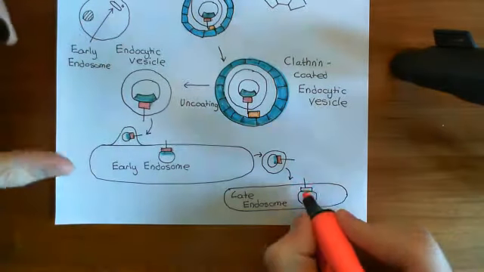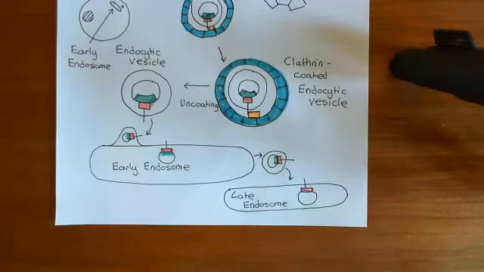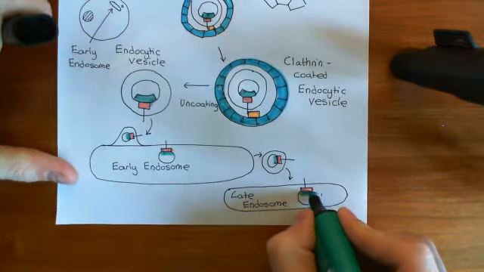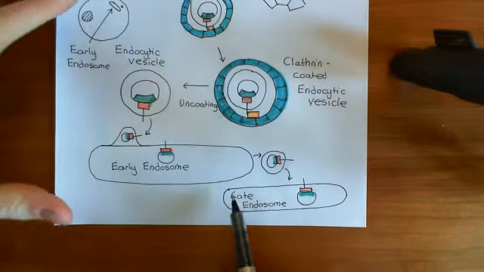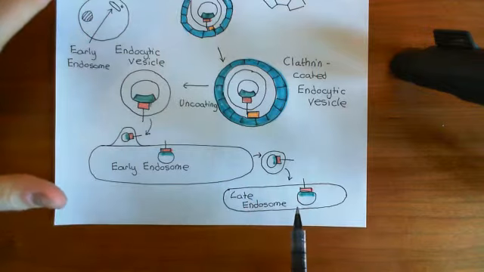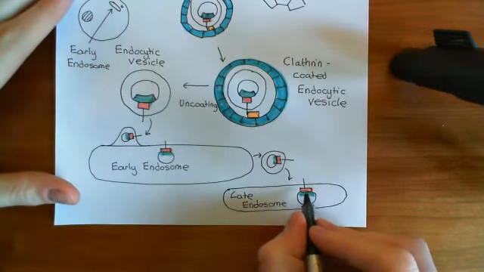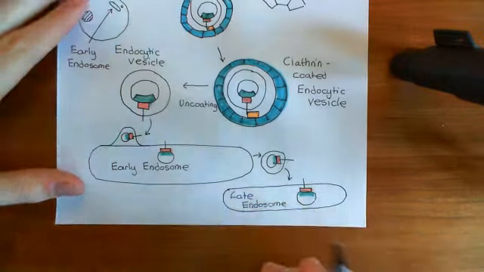In the late endosome, you have a very, very acidic environment, a low pH, a high proton concentration. Under that high proton concentration, the LDL receptor is going to release the LDL molecule. Okay, so let's go over the page and continue this discussion.